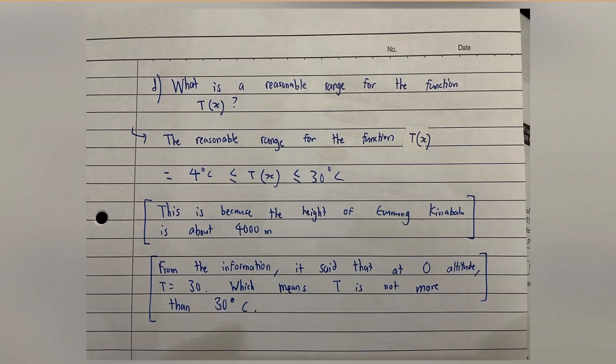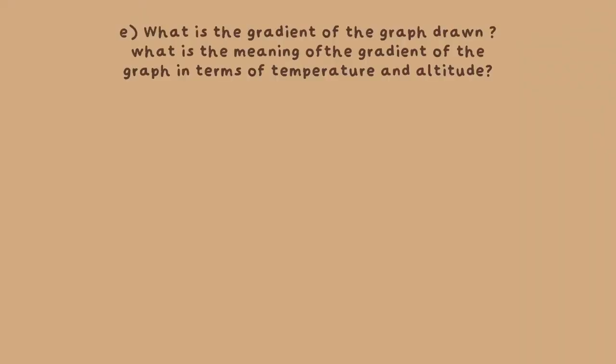This is because the height of Gunung Kinabalu is about 4000 meters. From the information, at 0 altitude, T equals 30, which means T is not more than 30 degrees Celsius.